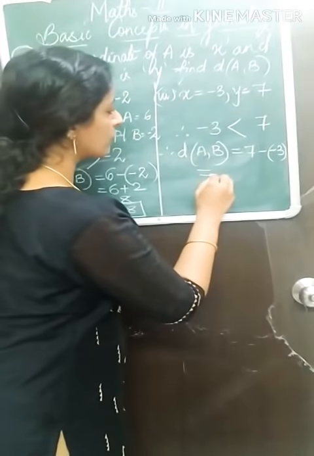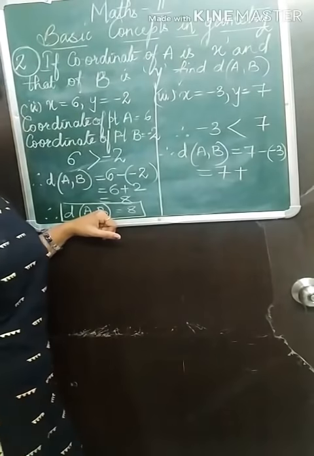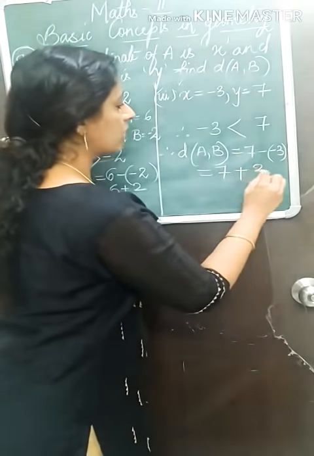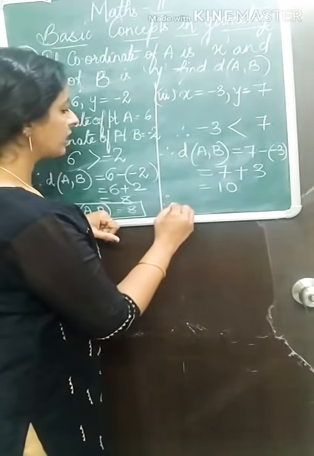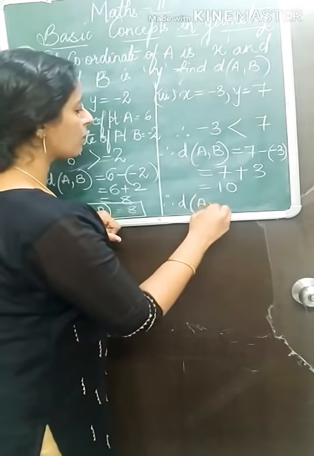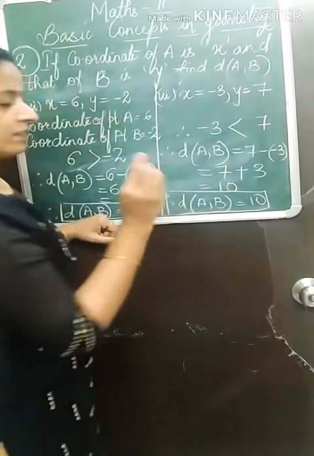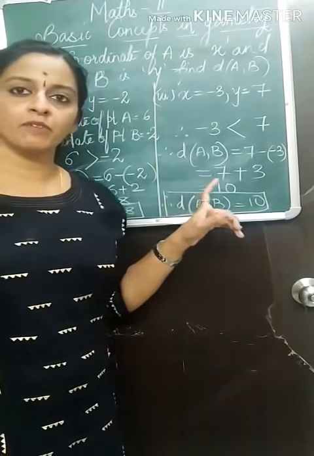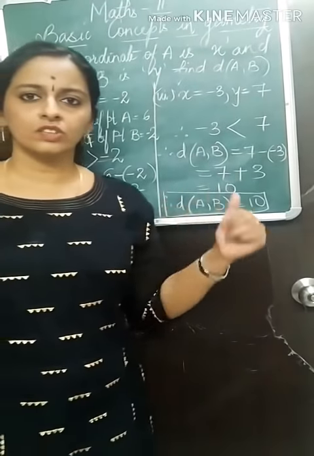Minus and minus will become plus. Minus into minus is plus 3. 7 plus 3 is 10. So final answer, distance between A comma B is equal to 10. That's it. And this type of sums will surely definitely come for your exam. So this you all should know.